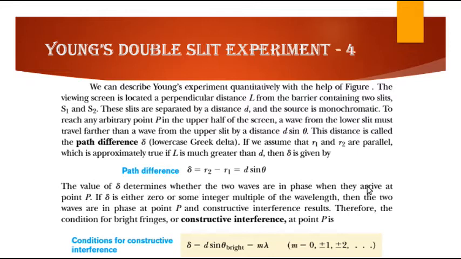Therefore, the condition for a bright fringe or constructive interference at point P is delta equal to d sin theta bright equal to an integral multiple of lambda, that is m lambda, where m can be 0, plus minus 1, plus minus 2, or anything.